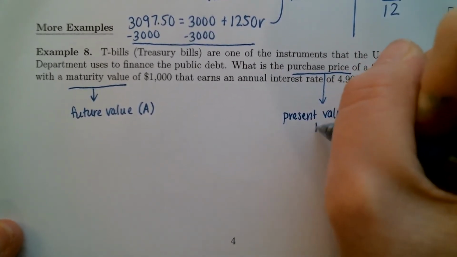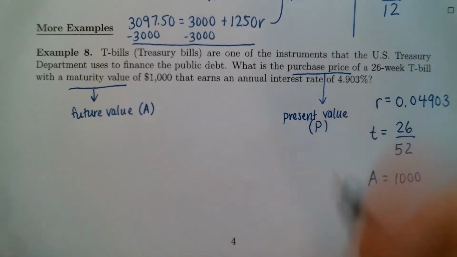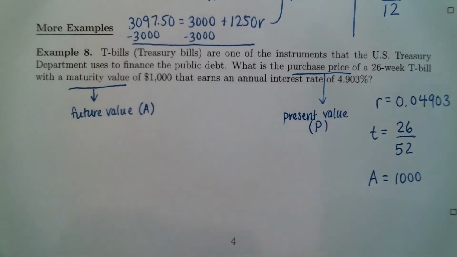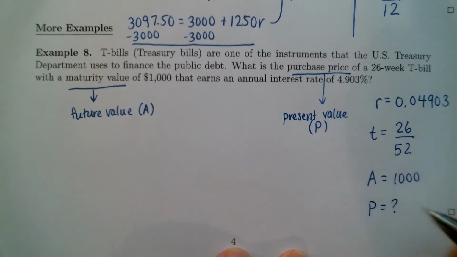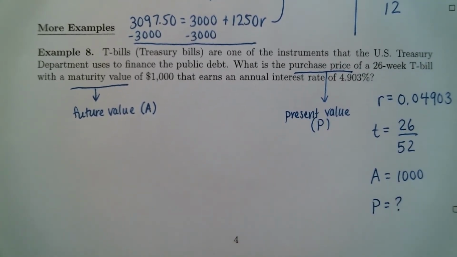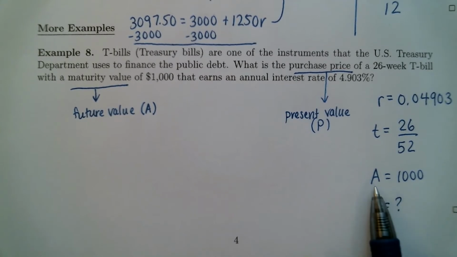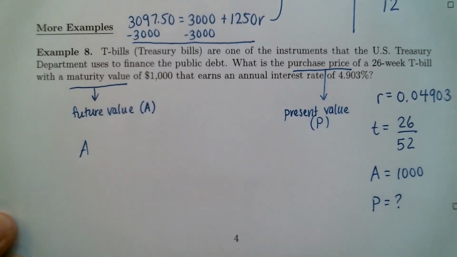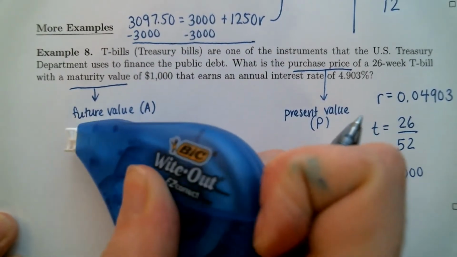That's going to be the P value, and it's going to grow to this future value. We don't know the purchase price, so we're looking for the P value. Considering that we know the A value, we're going to want to use this formula. Let me put it over here in case I have to do a lot of work to solve for it.